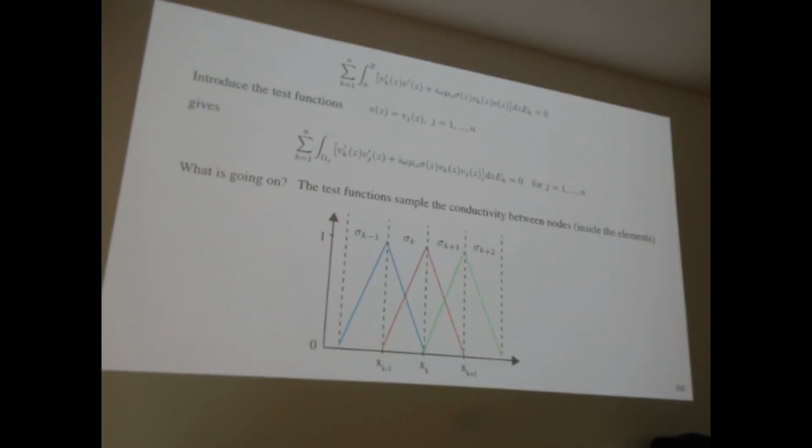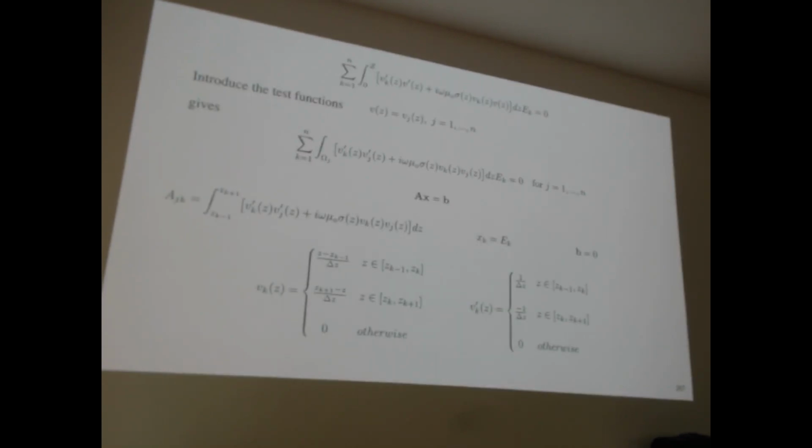So what's really happening is that your one-dimensional conductivity model is basically being sampled linearly between nodes by these test functions. And so this is just the linear system for our one-dimensional conductivity model.